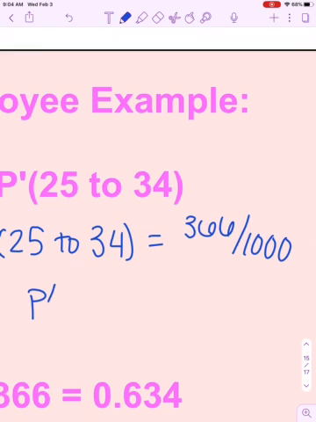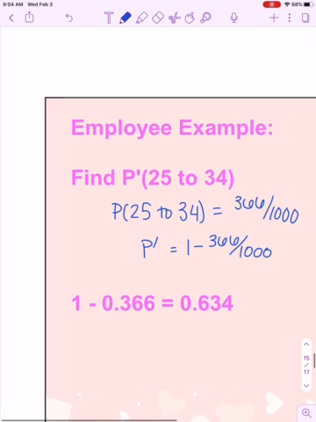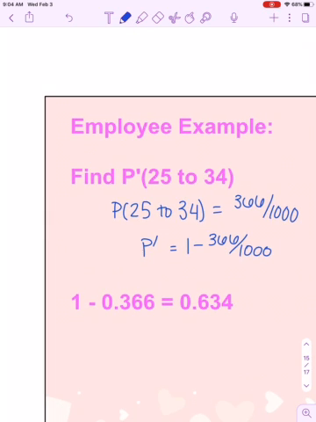So the probability of not doing it is going to be 1 minus 366 over 1,000, because 100% is 1. So I did it with decimals instead of fractions, but it's the same thing. So 366 over 1,000 is 0.366.